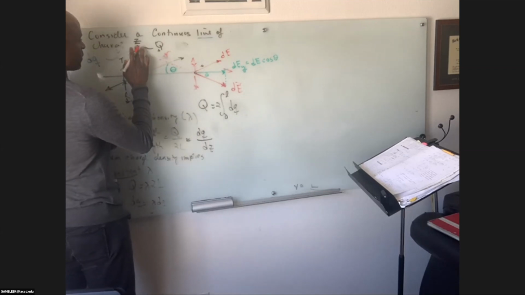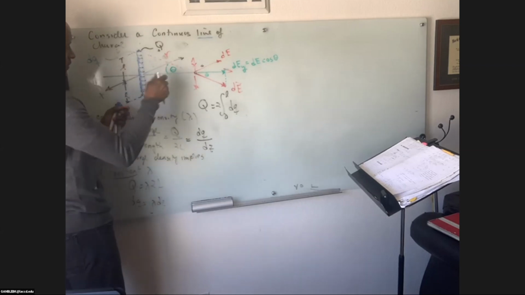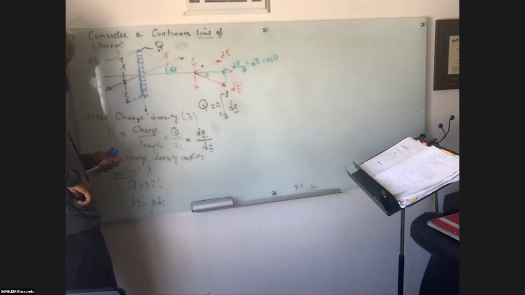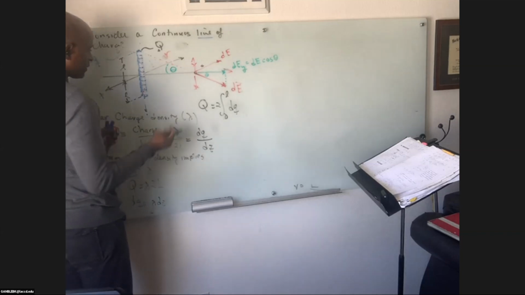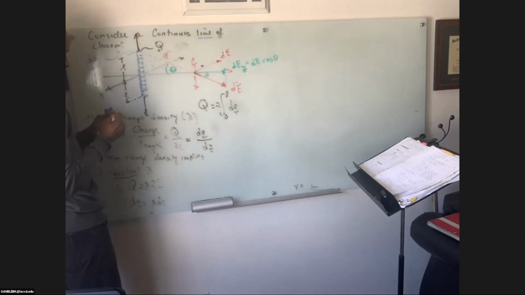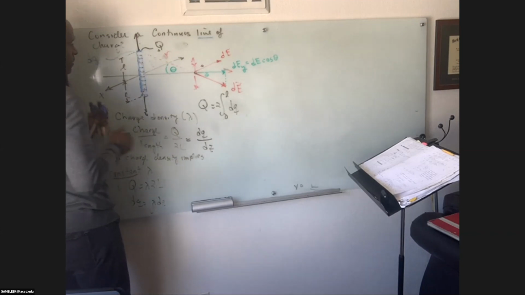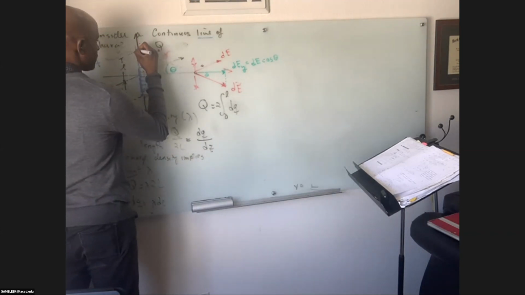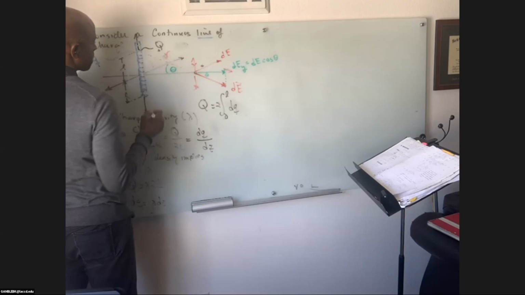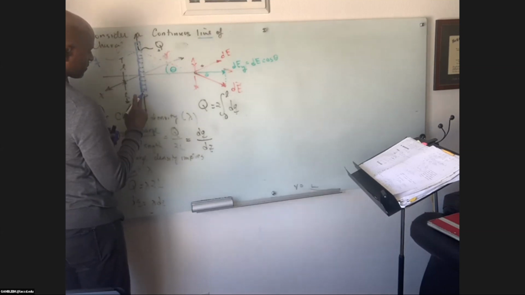One way to do that is to extend it, because I've already got my triangle drawn. Let me just extend that up a couple more, and keep the symmetry.